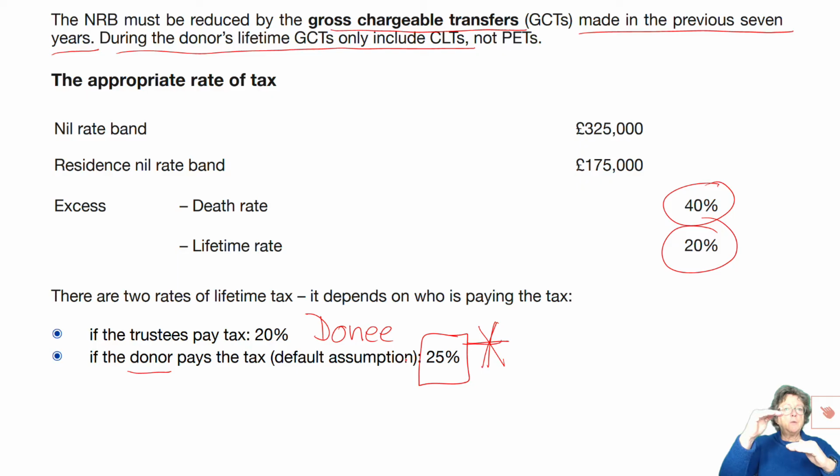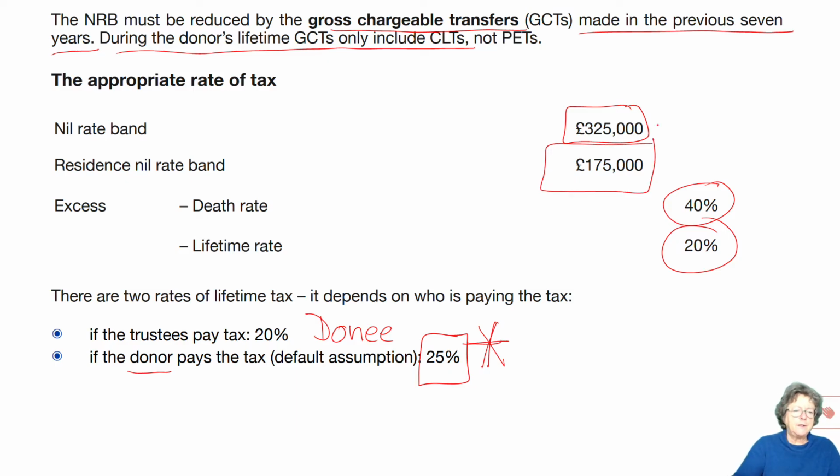It's also gone down by the tax, and that's why we have to, because it's all diminution. Down by the gift and now down by the tax, so 25%. Nil rate band is 325, and we've got a residential nil rate band which has been introduced of 175, and we will deal with that later.